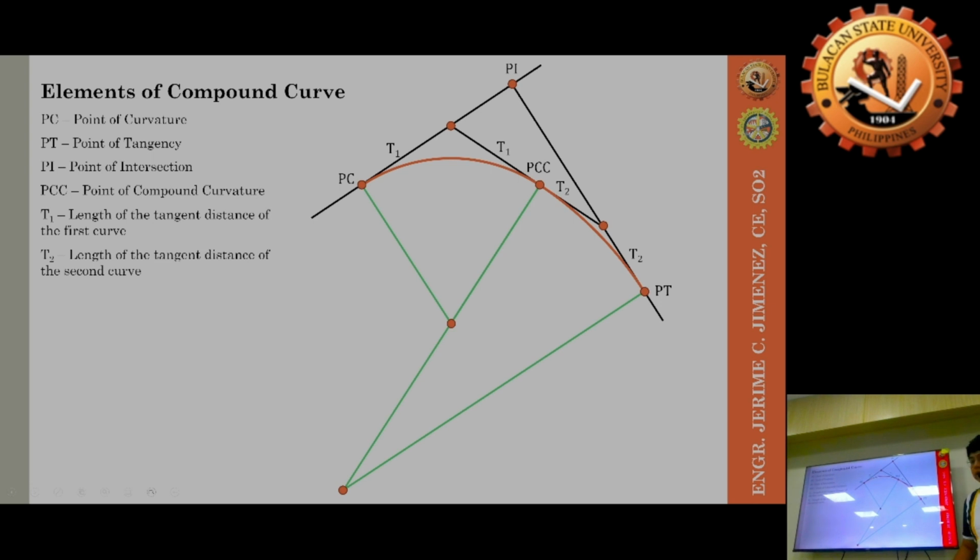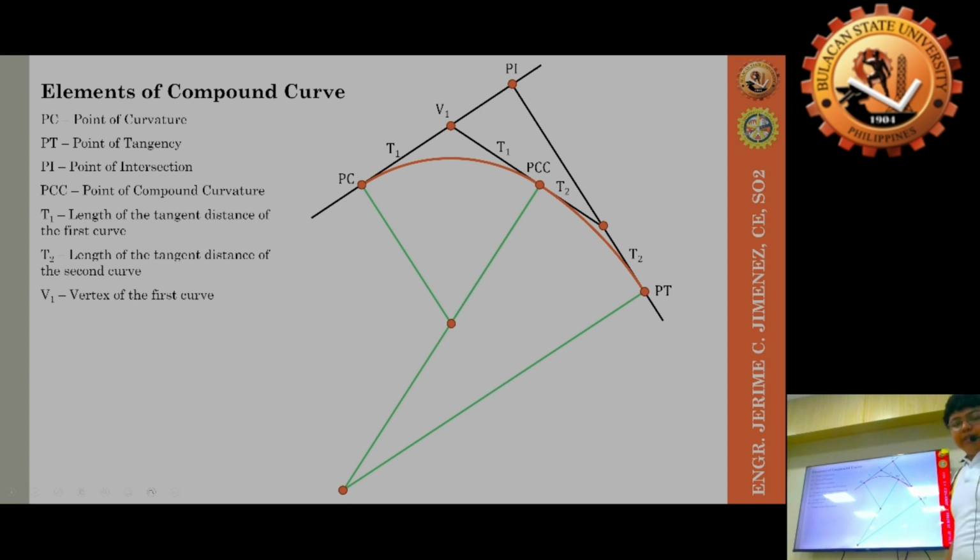Okay? So, next element tayo, we have the V sub 1. Okay? V sub 1 is the vertex of the first curve. At yung first curve natin, definitely, ito yung magiging vertex natin, or V sub 1.